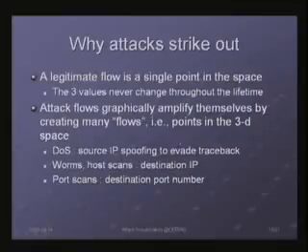Their coordinates are from their headers, in particular the source IP, destination IP, and destination port. They do not change over the lifetime of a connection. They remain the same. So no matter how many packets you have in that flow, you could have a million packets to download a movie, but those three values will remain the same, and every packet will hit the same location in that space. So we get a single dot for a legitimate flow.